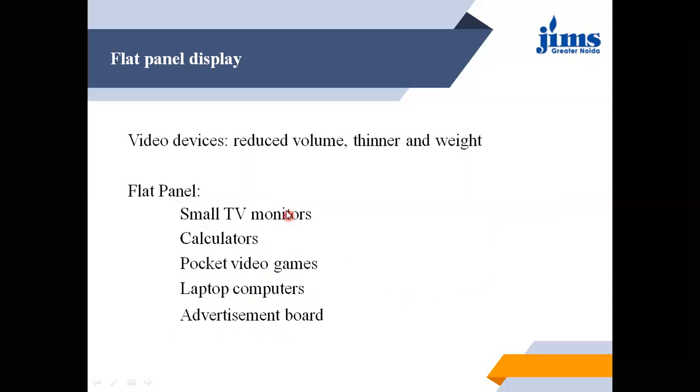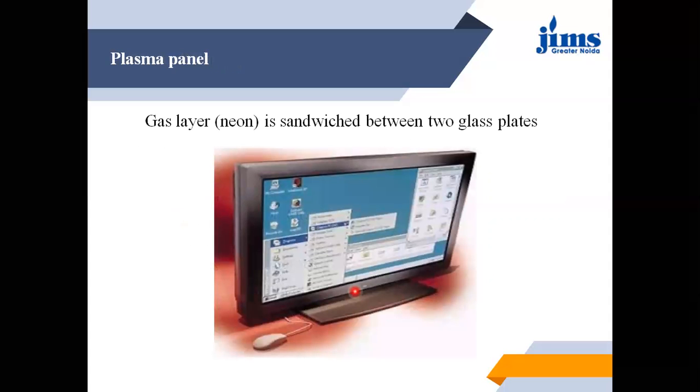The volume in all these panels is being reduced and they are becoming thinner and lighter as time passes. In a plasma panel, there is a gas, neon gas, that is sandwiched between two glass plates.